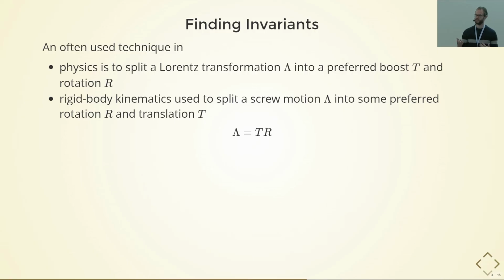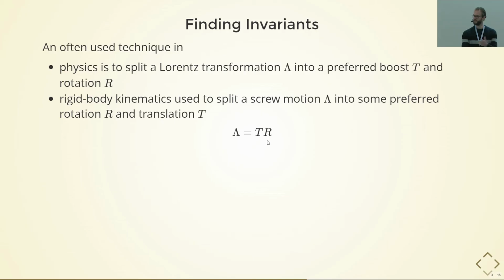And this is important because this is an often used technique. In physics, we often split a Lorentz transformation into a rotation and a boost part. And in rigid body kinematics, the analogy would be you split a screw motion into a rotation and a translation part, right? So we just make this ansatz that our transformation lambda is of the form translation times rotation, or boost times rotation.